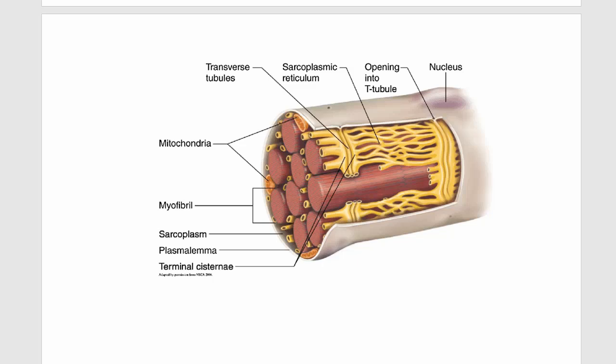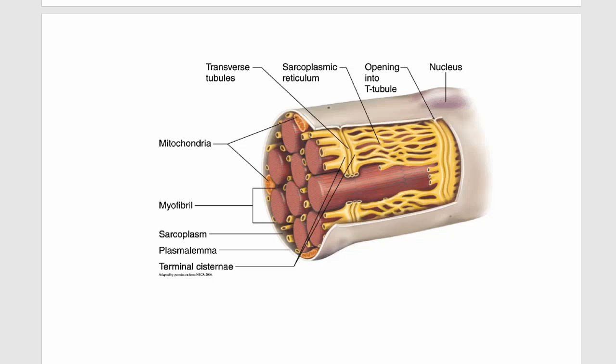The sarcoplasmic reticulum is a specialized type of smooth endoplasmic reticulum found in muscle cells. Its main function is to store and release calcium ions. The reason this is important is because calcium ions are crucial for contraction, and we'll definitely be covering that in a lot more detail later on.